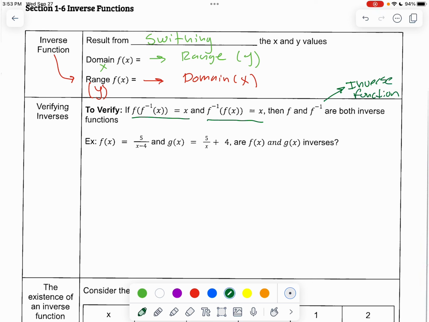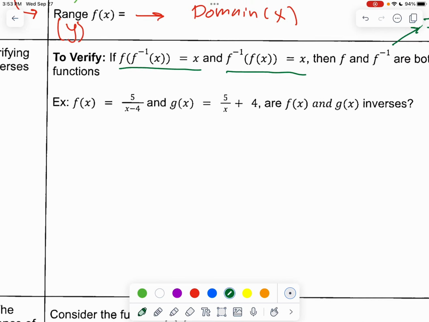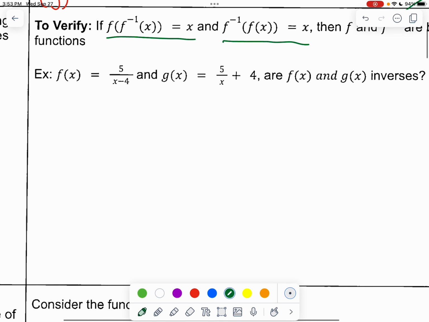If you see that, that means that it's the inverse, and the other one is just your regular function when you're using f. So in the example down here, you have a function f of x and g of x, and we just want to verify that one is an inverse of the other. It doesn't matter which way you go. You can decide to go f of g or g of f, but as long as you end up with x, you should have your inverse.